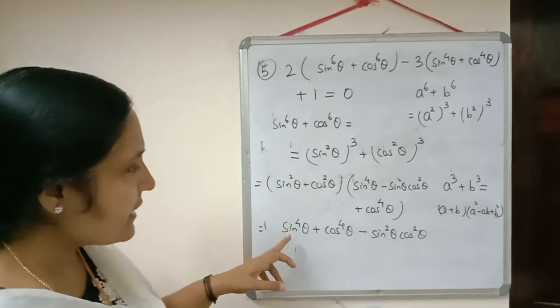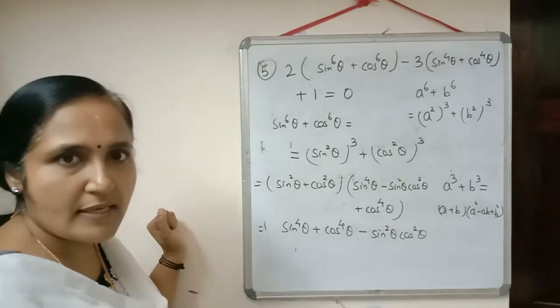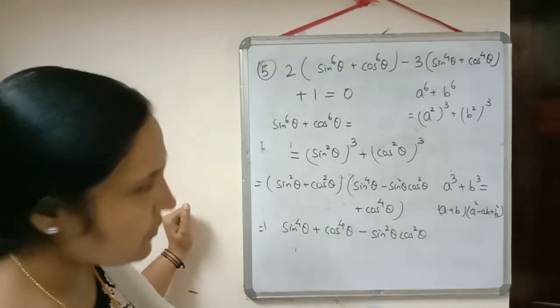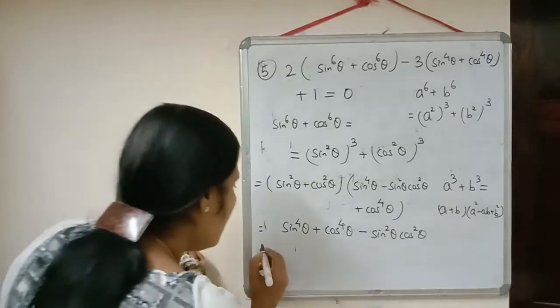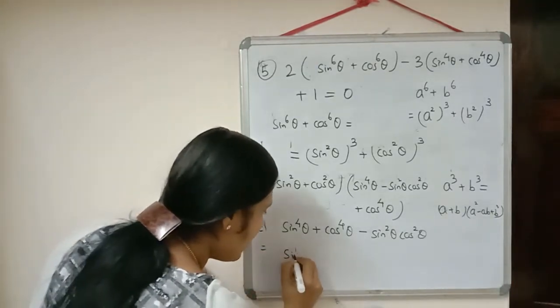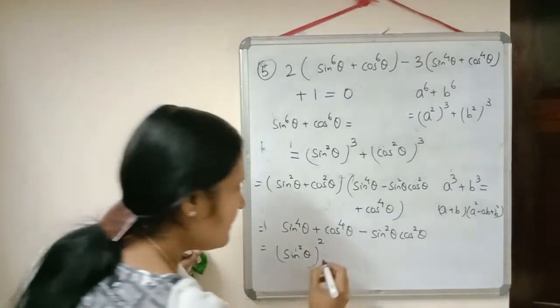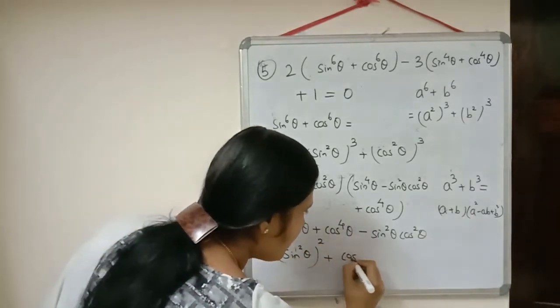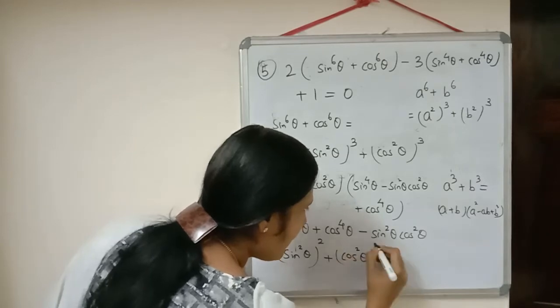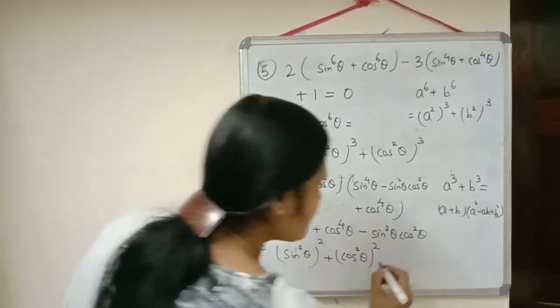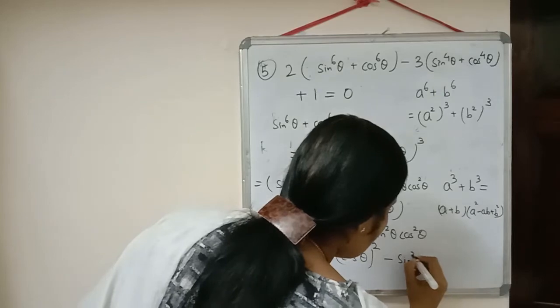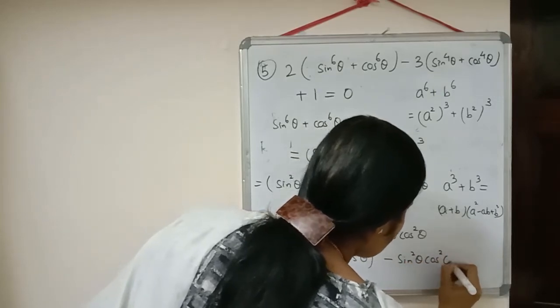We'll check how we can rewrite this sine raised to 4 theta plus cos raised to 4 theta. Sine raised to 4 theta can be written as sine square theta the whole square plus cos raised to 4 theta can be written as cos square theta the whole square, minus sine square theta into cos square theta written as it is.